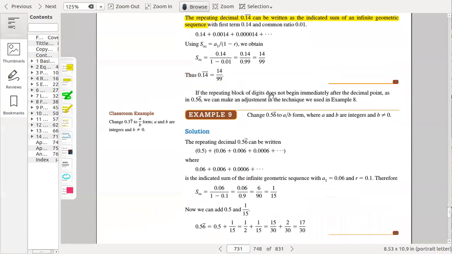Similarly, change the repeating decimal 0.56 bar to a over b form, where a and b are integers and b is not equal to 0.